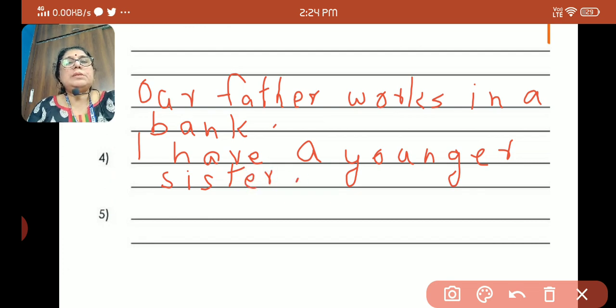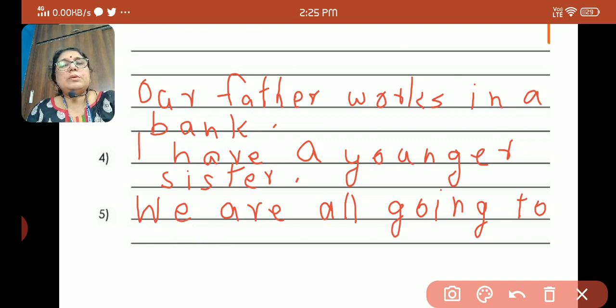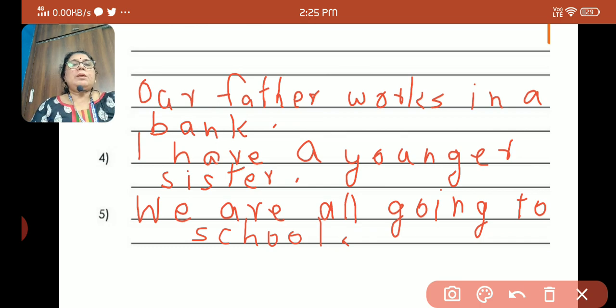The last one is we are all going to school. School. Full stop. Got it, children? You have to complete it in this same way and neatly write the sentences.